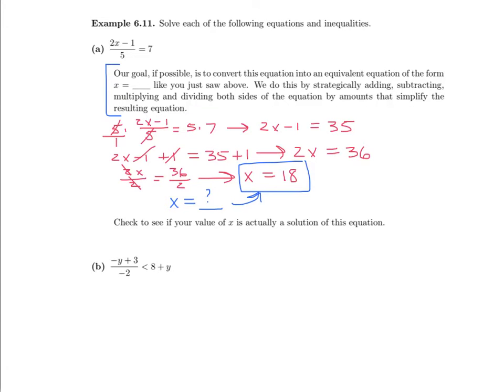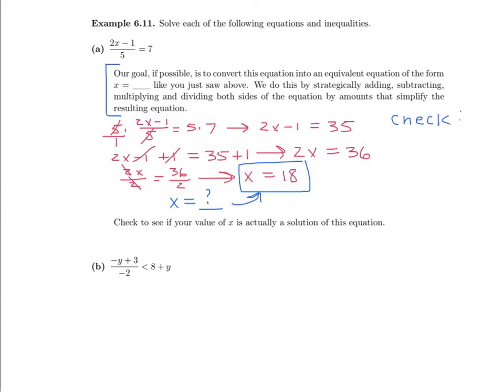So if we've done our work correctly, when x is 18, this equation should be true. So let's check to see if that's the case. We're going to do a quick check on the side over here.